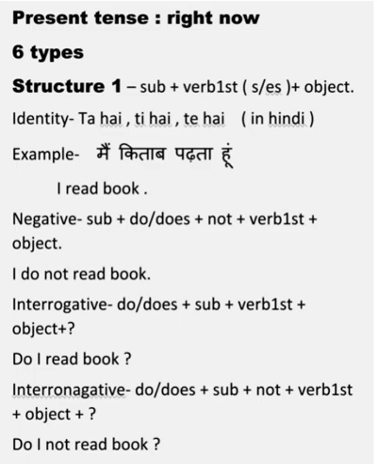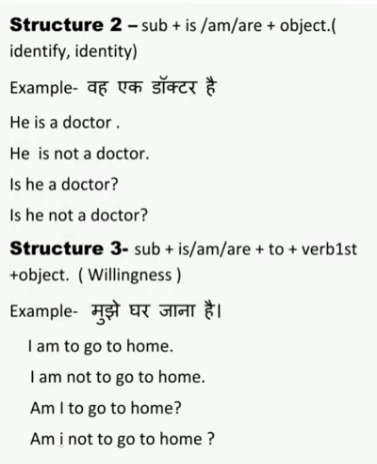Now we'll move on to our second structure, and the second structure is subject plus is, am, are plus object, and after that in the bracket it's written identify or identity.